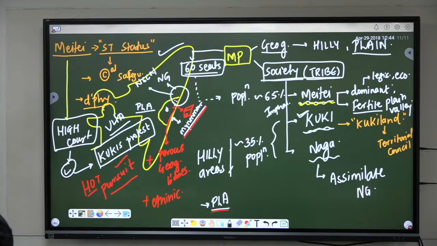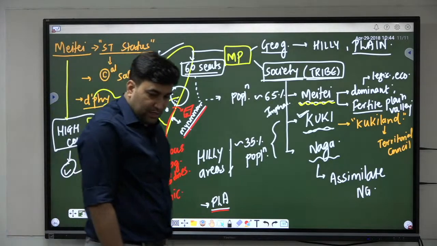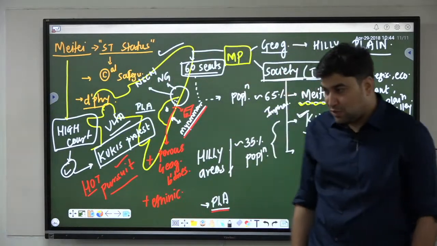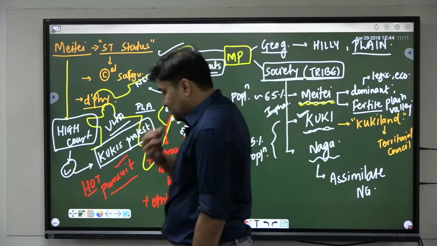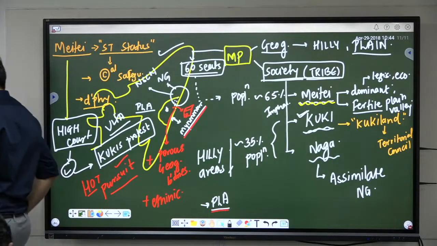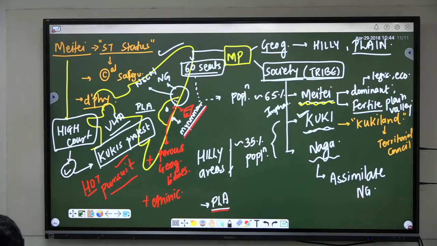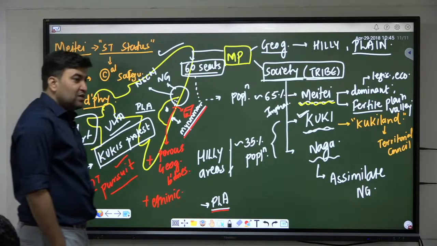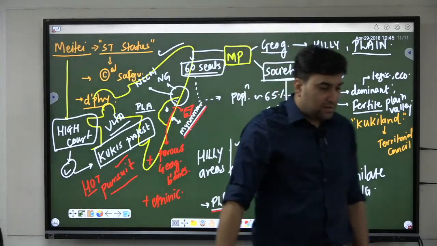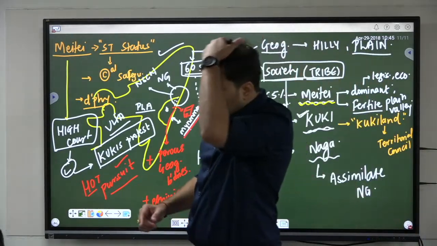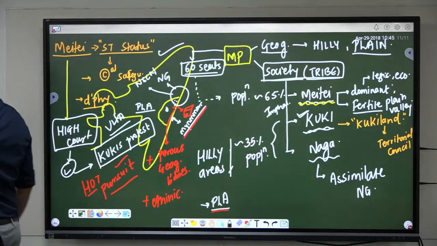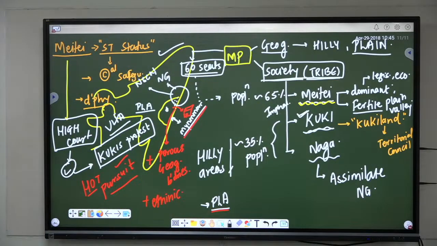Second, demand of ST status by the Meitei, because first, their community is victimized without any constitutional safeguards.